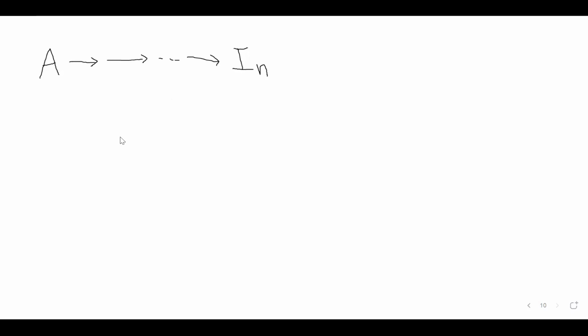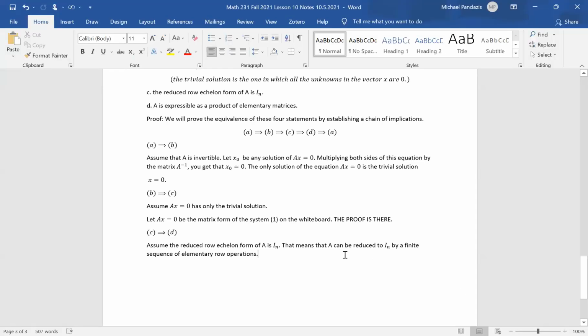Okay, so I'm saying that A can be reduced to I sub n by a finite sequence of elementary row operations. So by Theorem 1.5.1, each of these operations can be accomplished by multiplying on the left by an appropriate elementary matrix.